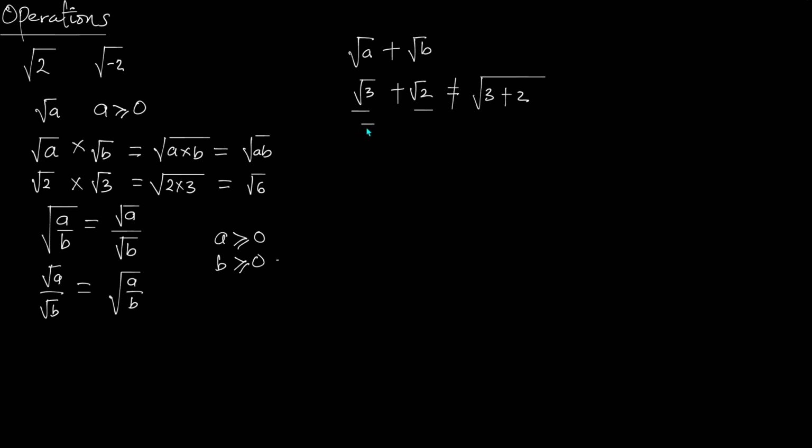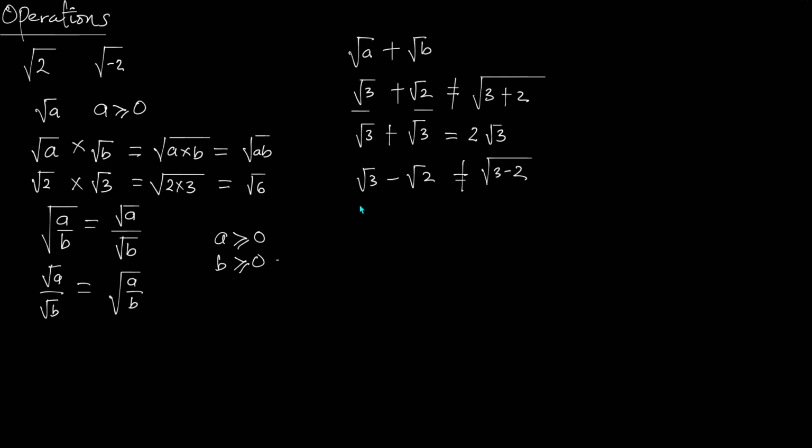Like for instance, you're trying to add 2 root 3's together. We can see that this is 1 and this is 2. So we have 2 of them that can be added. So this is 2 root 3. Also, when you're trying to subtract, it follows the same process. The square root of 3 minus the square root of 2 is also not obtainable this way.